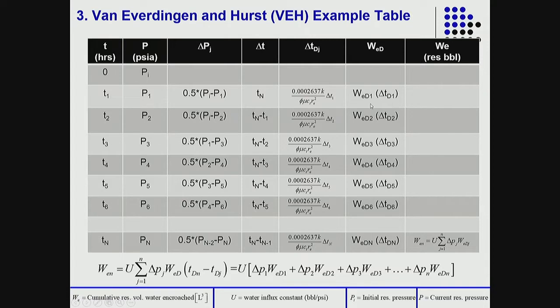If it's not infinite acting flow, remember infinite acting flow basically means early times, or if the aquifer radius is a whole lot bigger than the reservoir radius, then you could use the infinite acting tables, but otherwise you'll have to use the non-infinite acting solution.